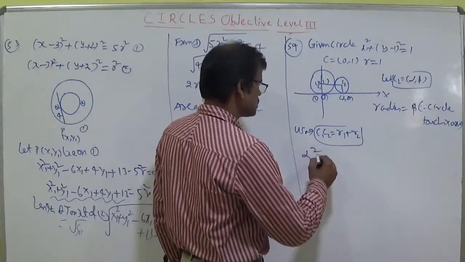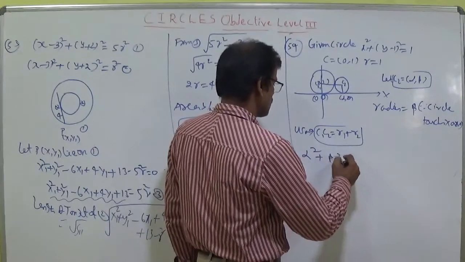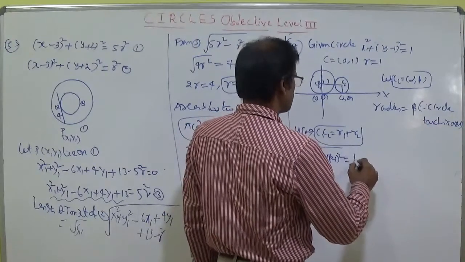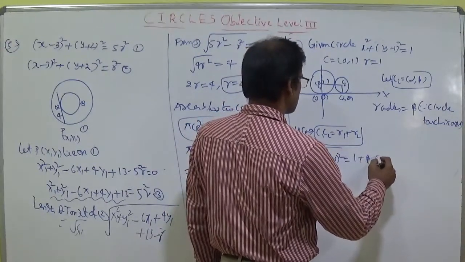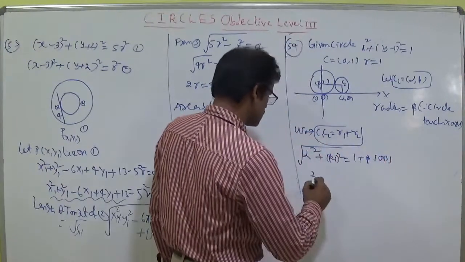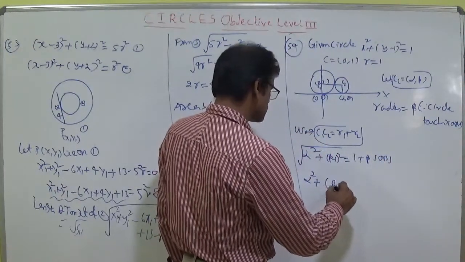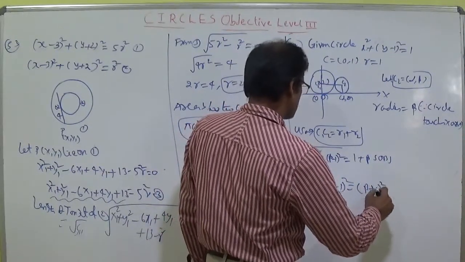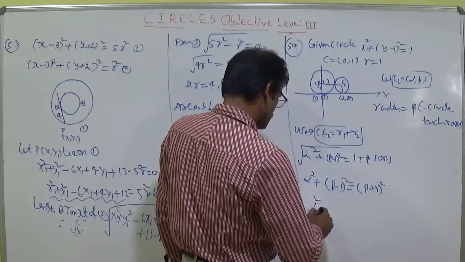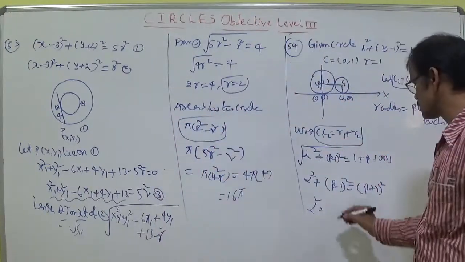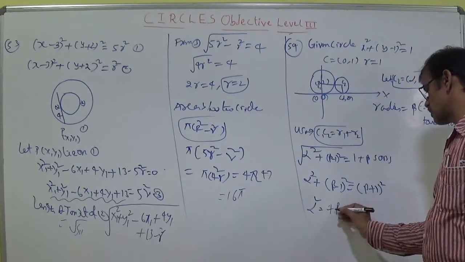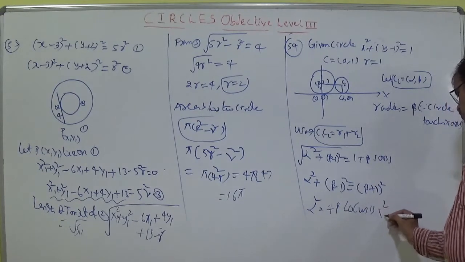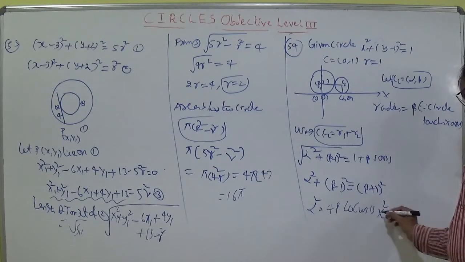So root of (alpha minus 0) whole square plus (beta minus 1) whole square is equal to the sum of radii, 1 plus beta. Squaring both sides, we get alpha square plus (beta minus 1) whole square is equal to (beta plus 1) whole square. So alpha square is equal to (beta plus 1) whole square minus (beta minus 1) whole square, which is 4 beta. So the locus is x square is equal to 4y.